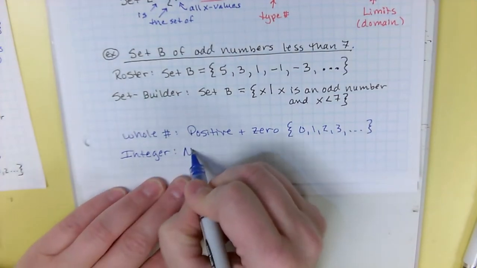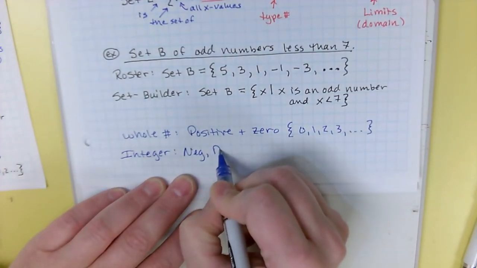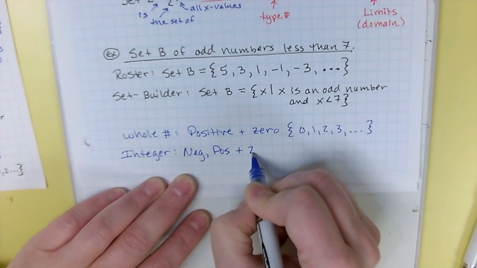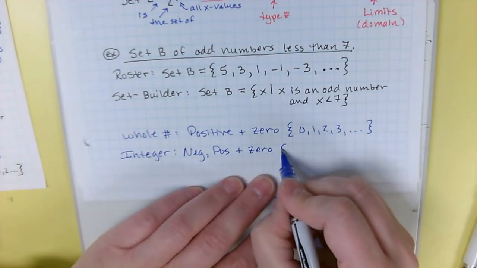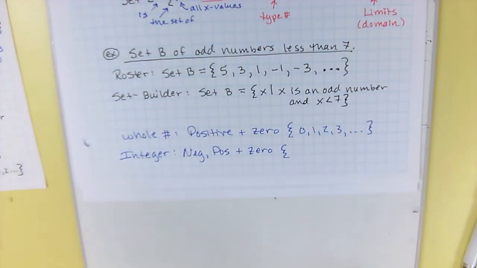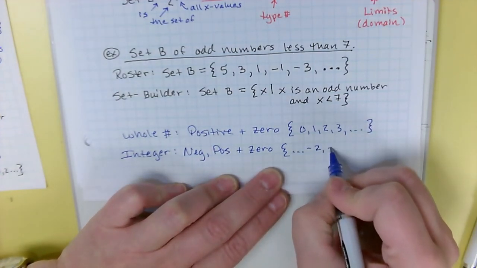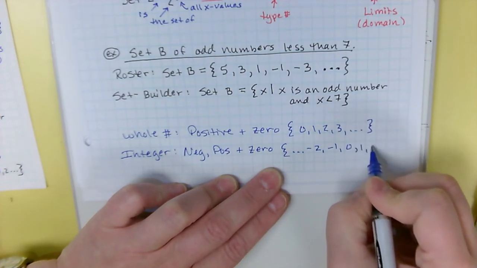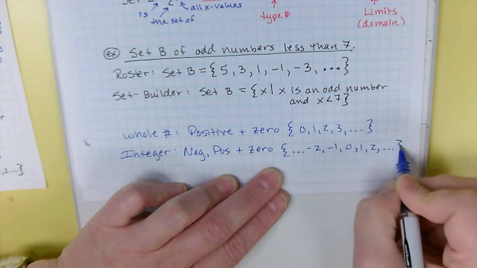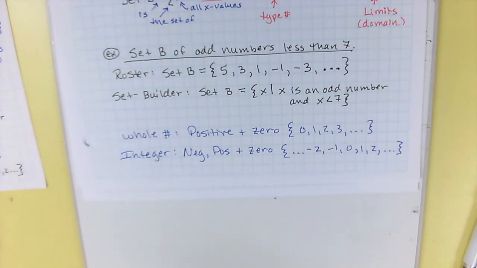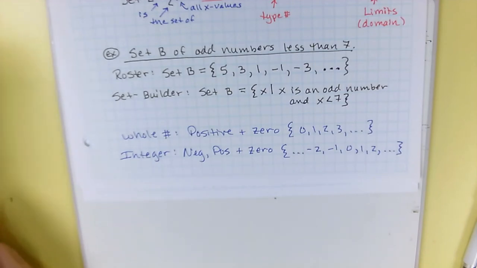An integer is negative and positive plus 0. So if they want an integer, it goes infinitely low, and then -2, -1, 0, 1, 2, and then it goes infinitely high. But an integer represents both negative whole numbers, positive whole numbers, and the number 0.